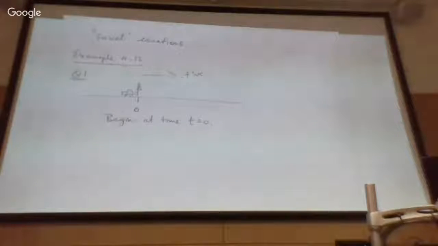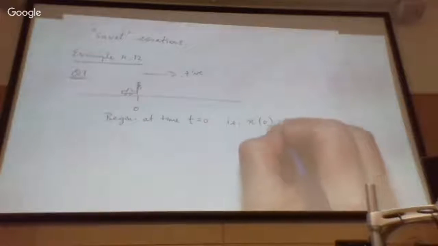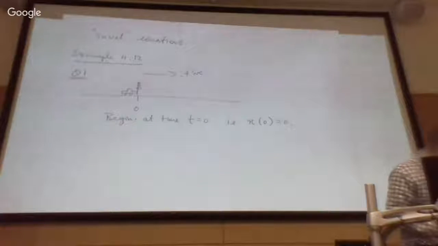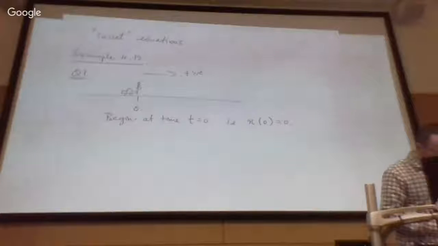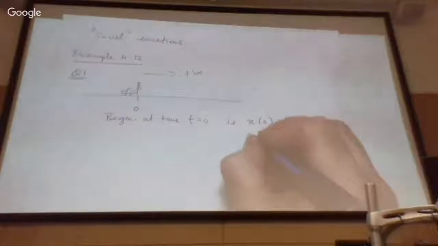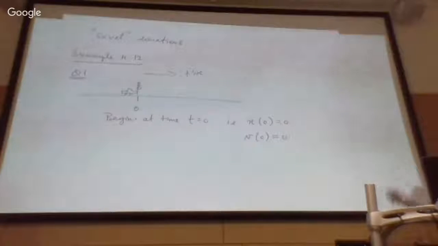So at time 0, the car is located at position 0, i.e. x at time 0 is equal to 0. And you're also told in the question that the car is waiting at the traffic light, so when the light turns green the car is stationary. Its initial velocity is 0.